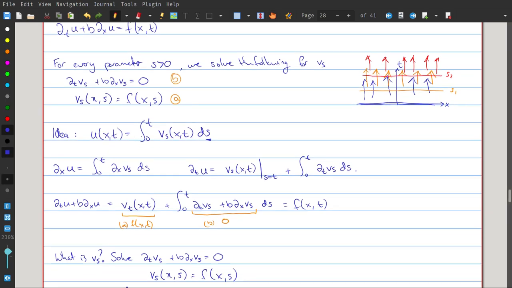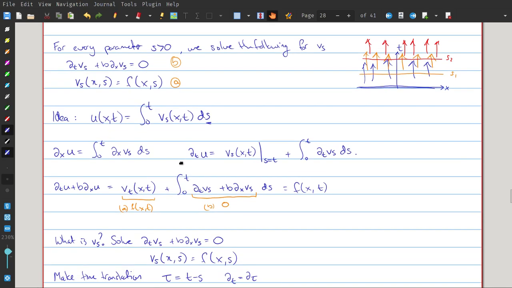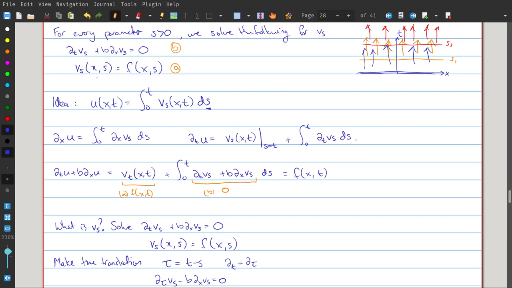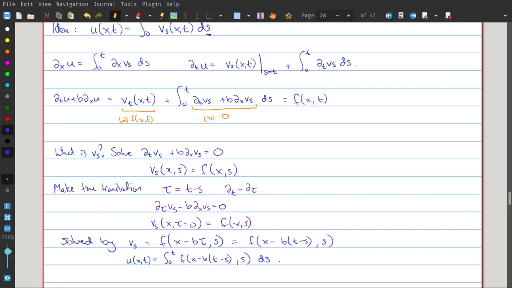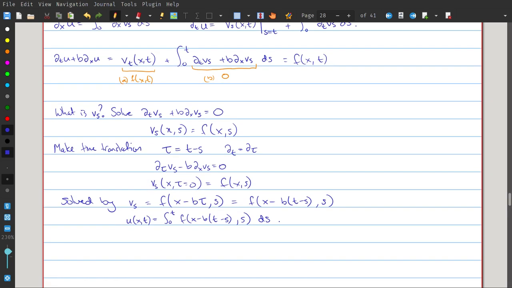And then we took the solution to be the sum over s of these solutions to the related problem. And then as a further step, we actually solve those homogeneous problems to get what v_s is. And so then we can write a formula just in terms of the inhomogeneity F. But that's the idea of this method.